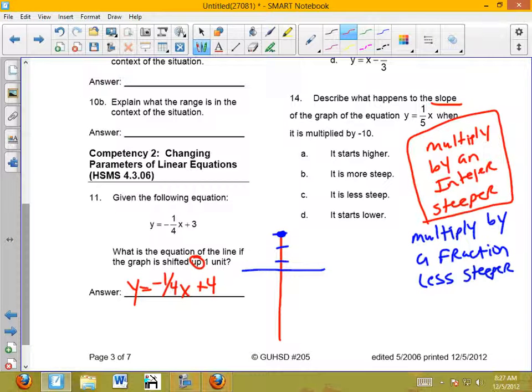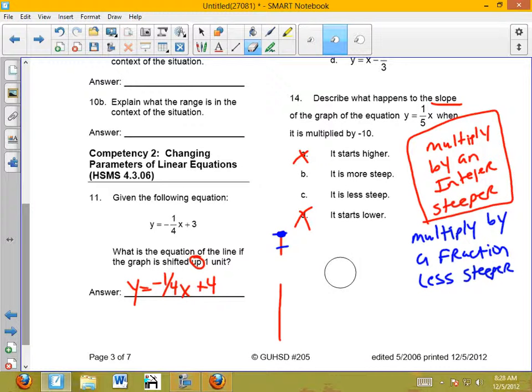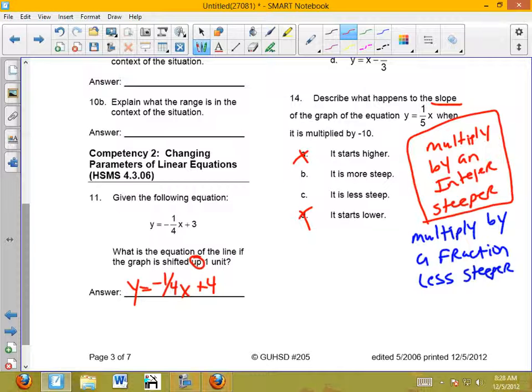No. What makes it start higher or lower? The y-intercept. So it's not going to start higher. It's not going to start lower. Is it going to get more steep or less steep? It's going to get more steep. It's going to get steeper because I multiplied by a non-zero integer.